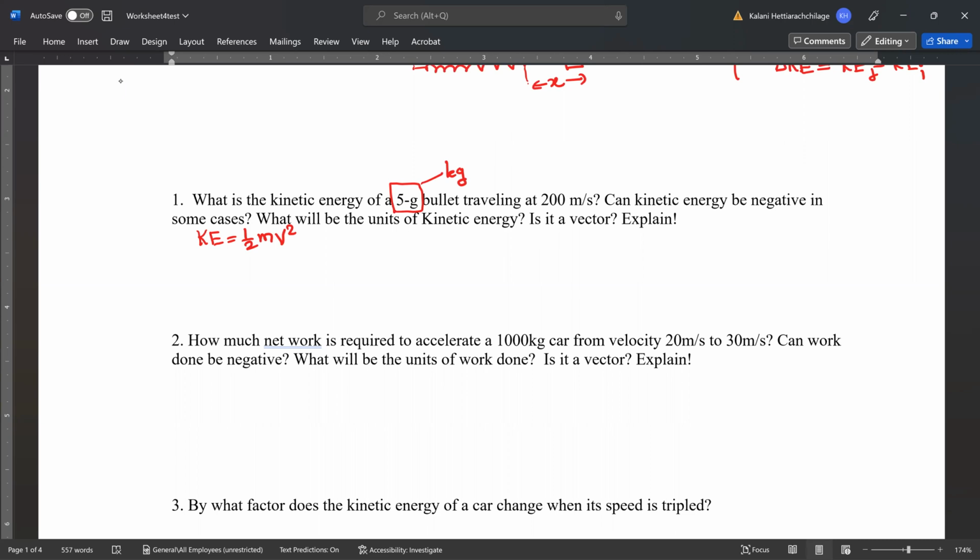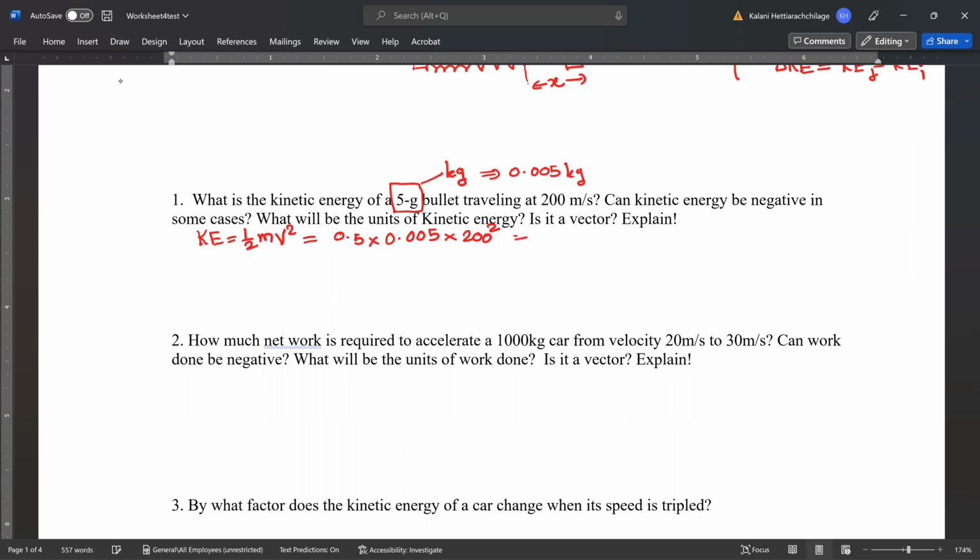So now we can calculate this. 0.5 is half, times mass, 5 grams. 5 grams in kilograms is how much? It is 0.005. We need to divide by 1000 to make it kilograms. So mass is 0.005, and then times velocity in SI units, 200, but never forget there is power 2 in the formula, right?